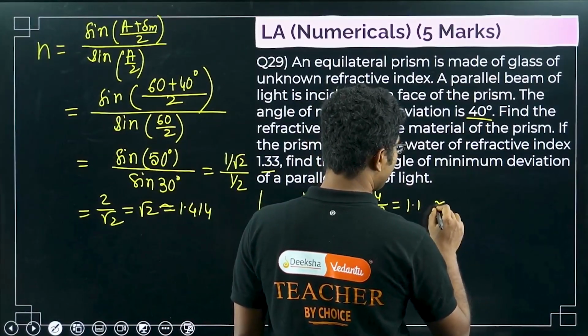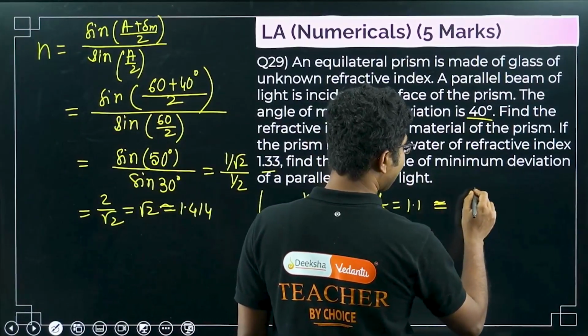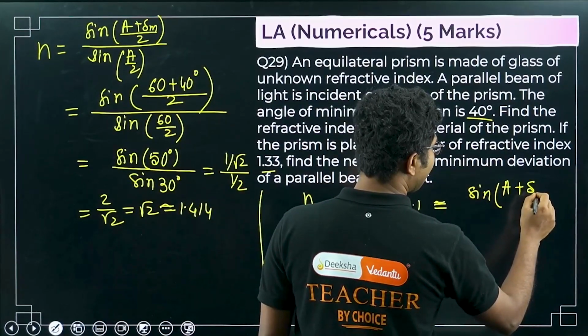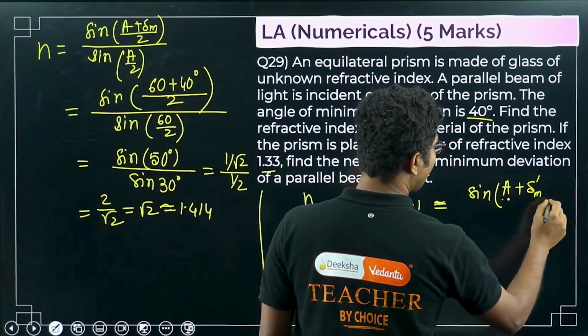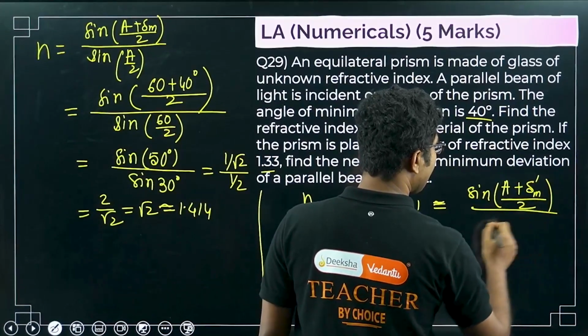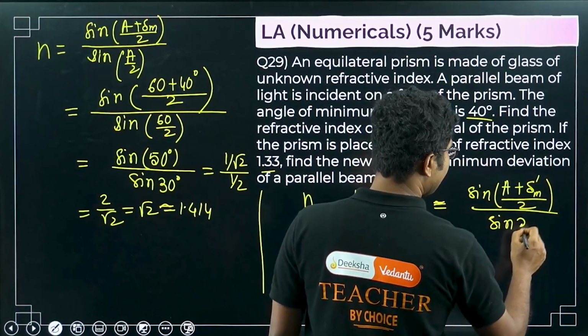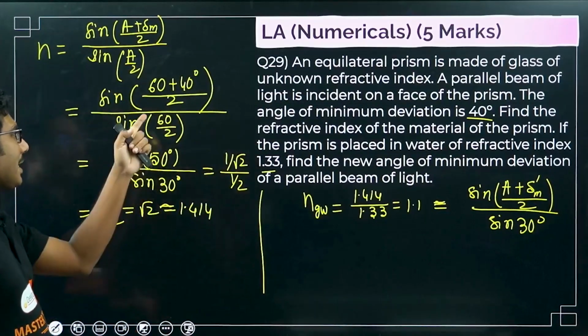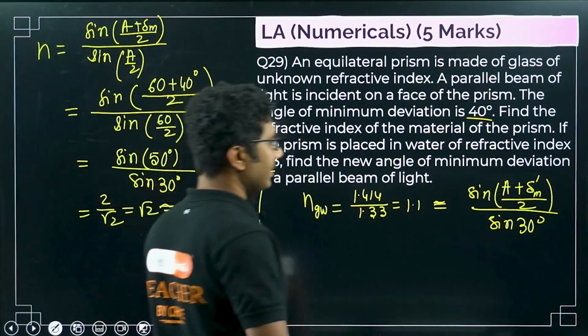This will be equal to sine of (A plus delta m dash, the new delta) by 2, divided by sine 30 degrees. Why 30 degrees? Because this A by 2 is not changing, right? So A by 2 is 30 degrees, so it will remain 30 degrees.